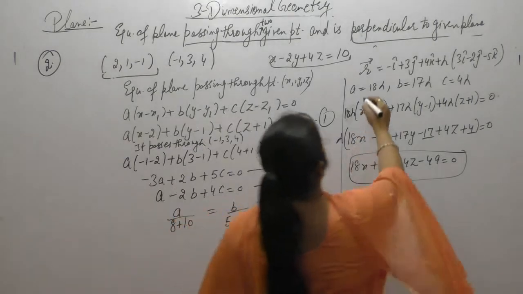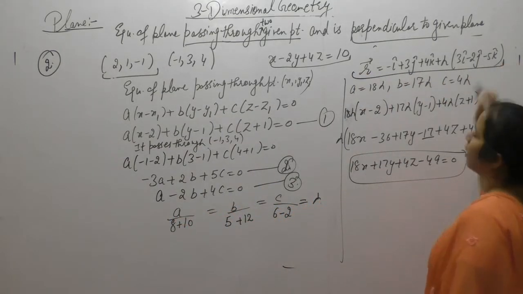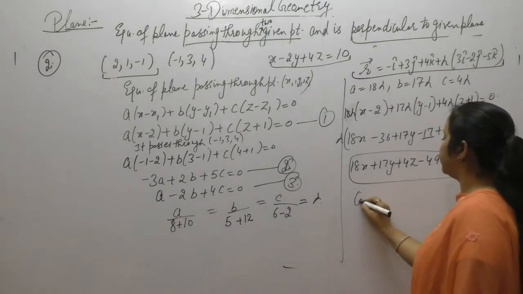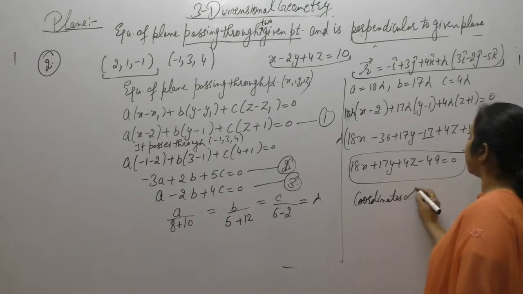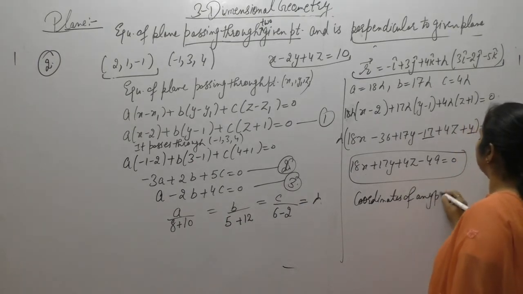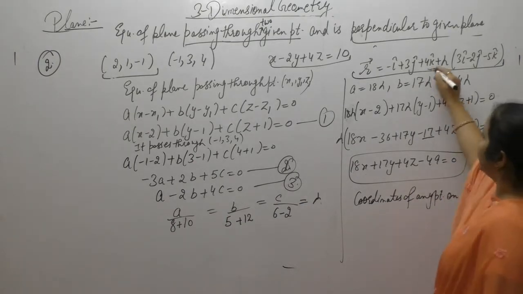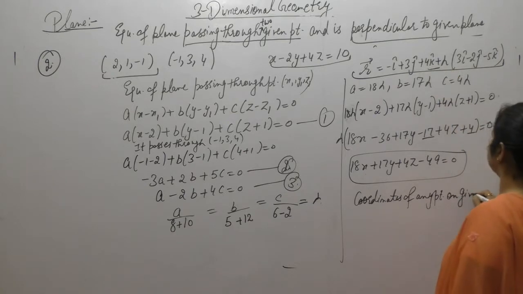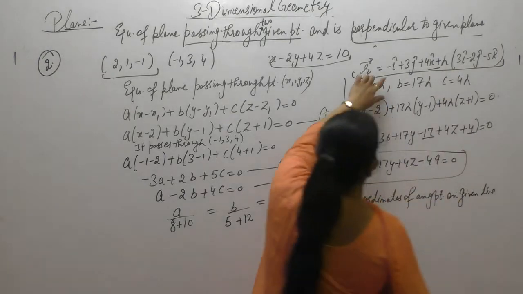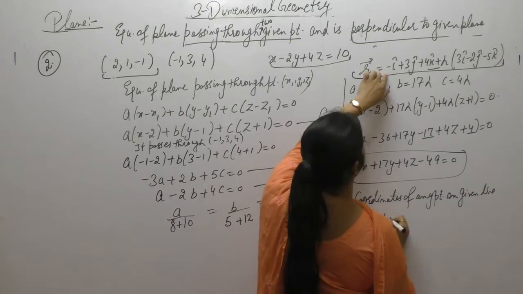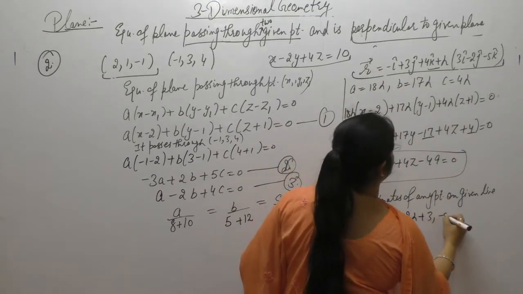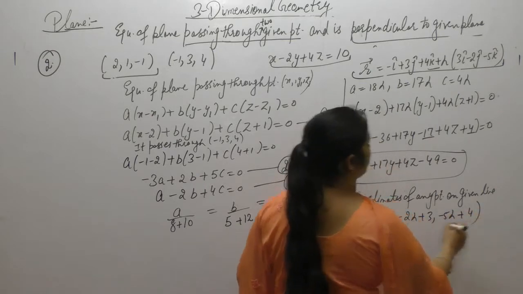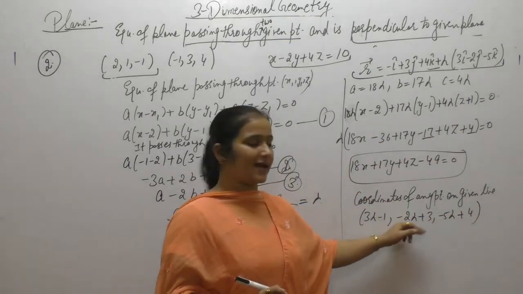Now the coordinates of any point on this line क्या होंगे? Coordinates of any point on the given line: 3 lambda minus 1, minus 2 lambda plus 3, minus 5 lambda plus 4. These are the coordinates x, y, z.